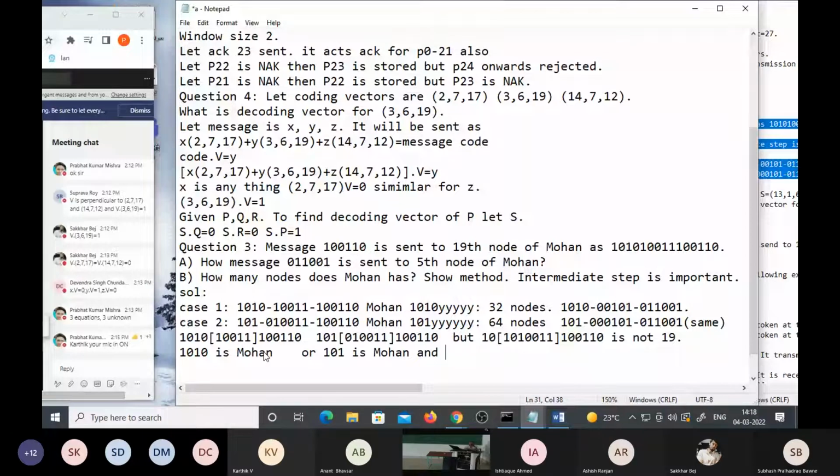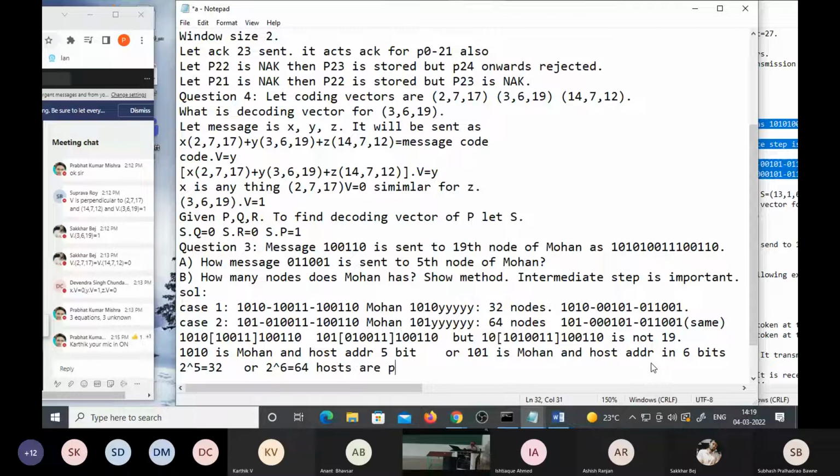Because if this is Mohan, then there are 6 bits for the host. This is Mohan, and host address 5 bits. So if 5 bits, 2 raised to the power 5 is equal to 32, or 2 raised to the power 6 is equal to 64 hosts are possible.